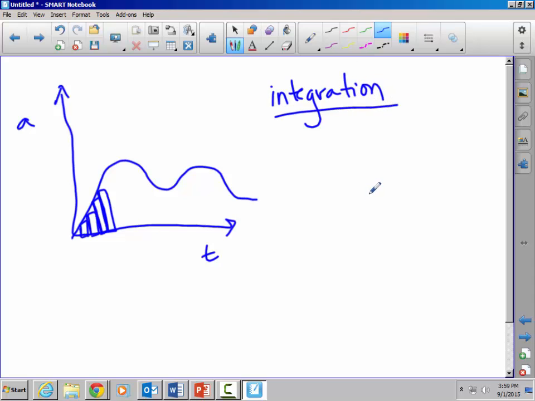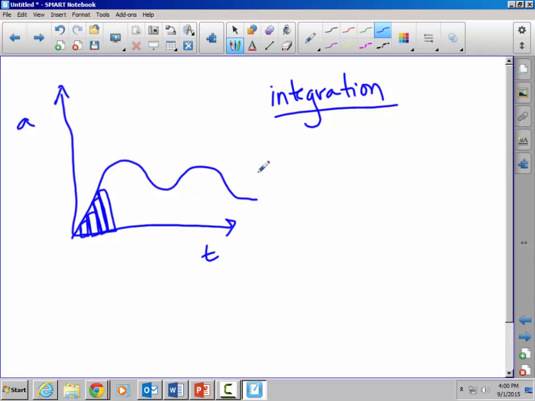When you find the integral of a function, you are essentially finding another function that describes the area under the curve. So when you integrate, you probably won't get a number. You will get instead another function that helps describe what's going on underneath here.